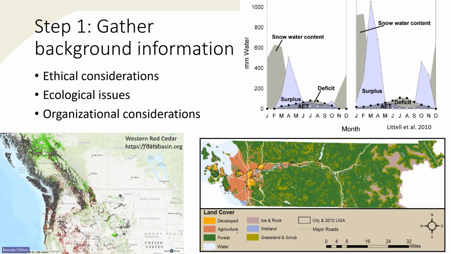But at the same time, this map on the lower right is the Skagit River that I work on, and most of my restoration projects are in the pink agriculture areas and the orange developed areas. And so there's not a lot of opportunity for the seeds of migrating plants to get into my restoration projects.